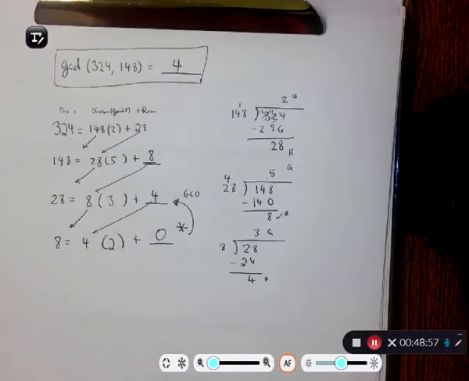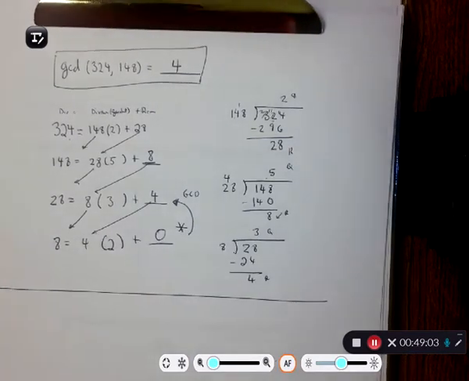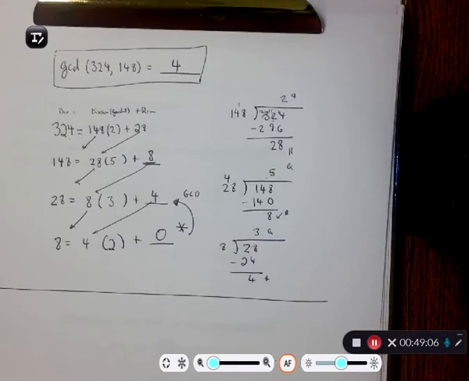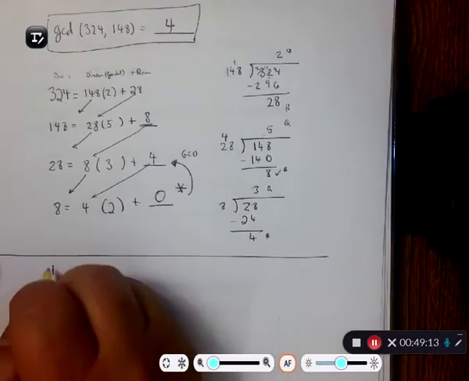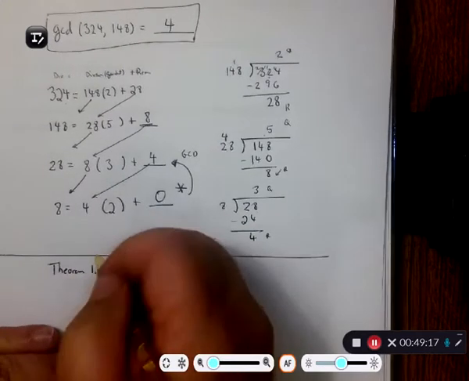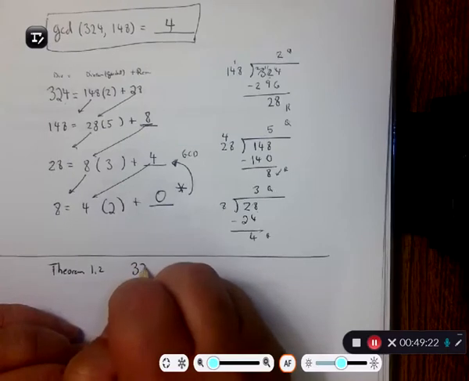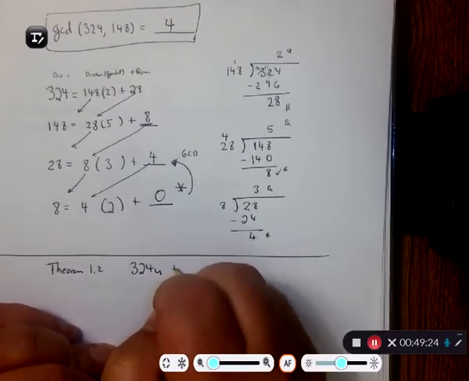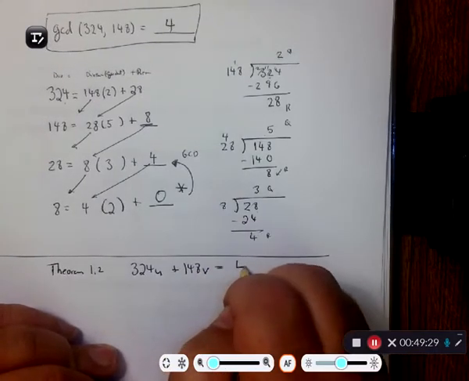Now, the other beautiful aspect of this is that, remember Theorem 1.2. Theorem 1.2 stated that there exist integers u and v such that 324 times u plus 148 times v is equal to that GCD, which is equal to 4.